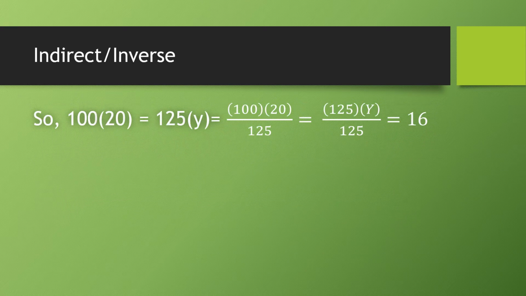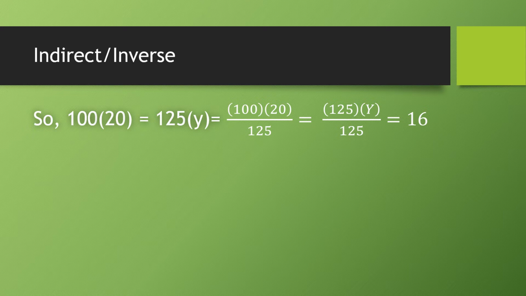Okay, let's solve the problem for indirect or inverse proportion. Again, when we say indirect or inverse proportion, if one increases, the other will decrease. So in the given example, let's put it this way: 100 PUI and 20 days of food provision are under the value of x.